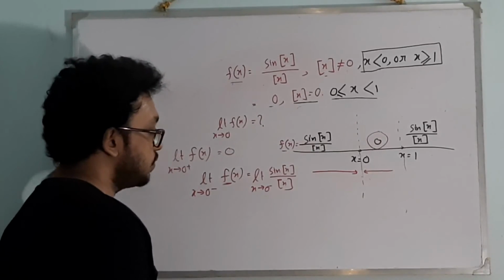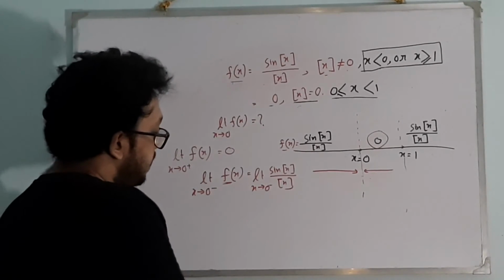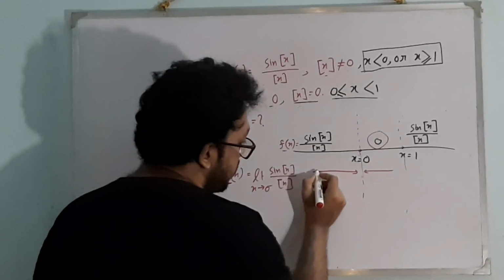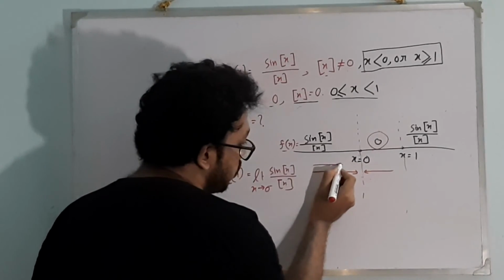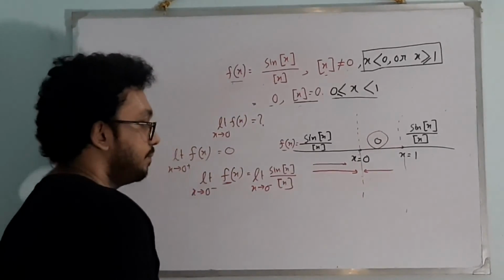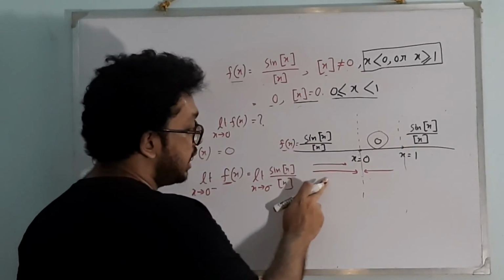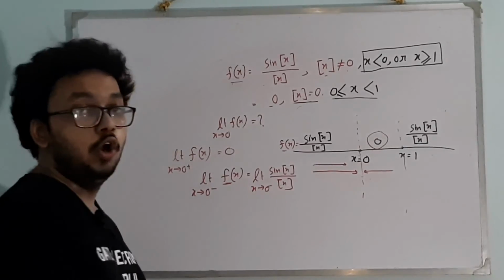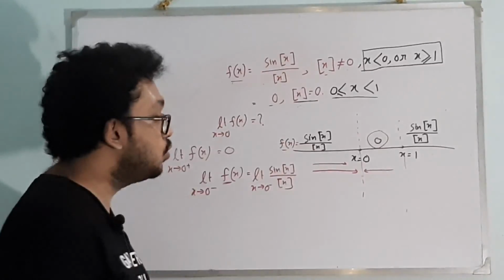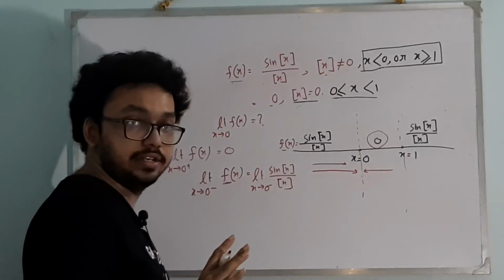Now observe very carefully. When you are moving towards x equal to 0 from the left hand side, that is, when we are evaluating the left hand limit at x equal to 0, we are not interested in the value of the function at x equal to 0, right?